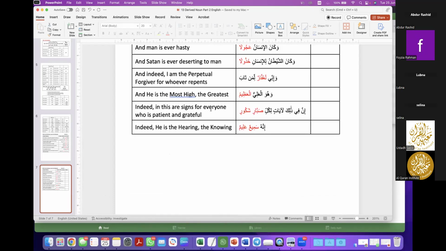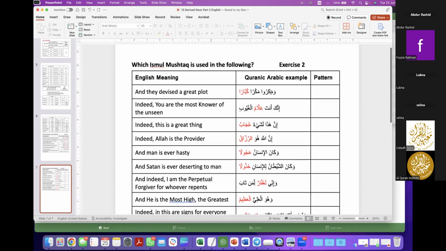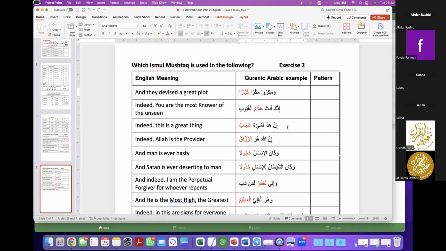When you are reading Quran, you can identify a lot here and there. Some words you have no clue what they are or where they came from. This is where Ismul Mubalagha is hidden, which we miss. That's the point. You make a guess by looking at the meaning, and then you double check here.